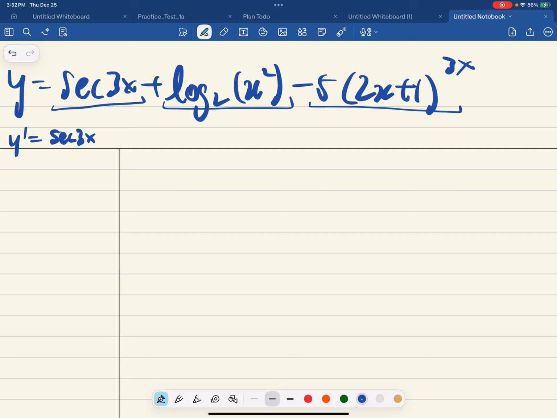Secant of 3x tangent of 3x times 3, chain rule, plus log of base 2 of x squared: whatever is inside, derived, divided by the original inside, all of that divided by the ln of the base.